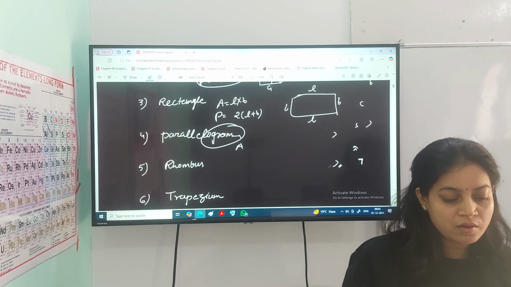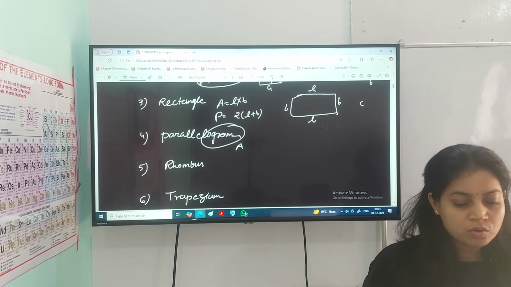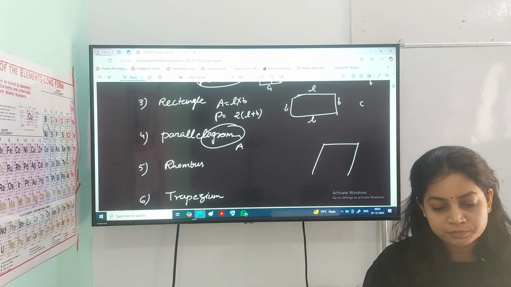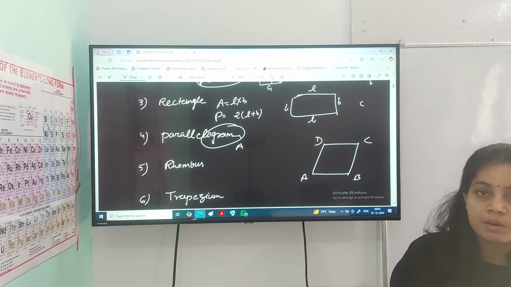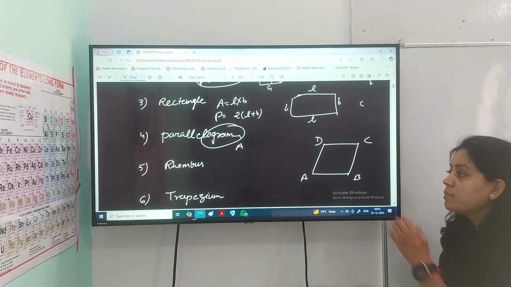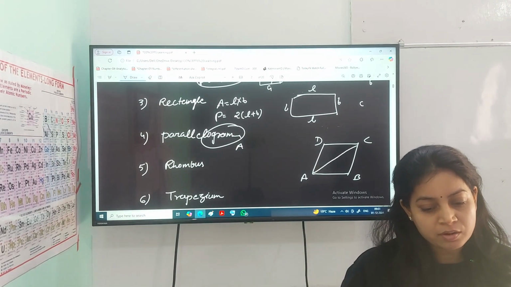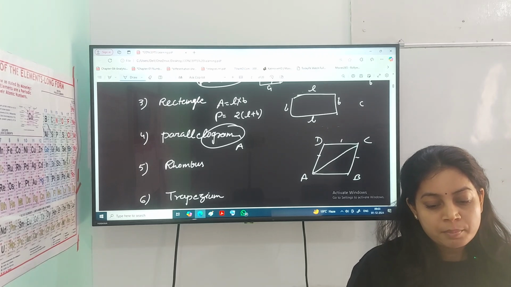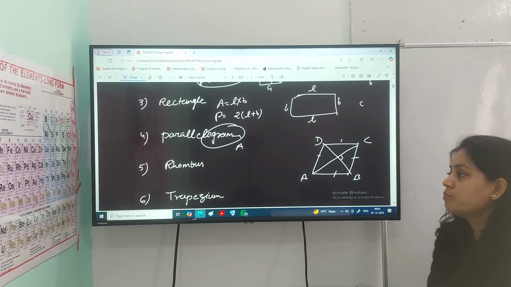And after that we have the rhombus. What is a rhombus? A rhombus is nothing but a parallelogram having all sides equal. If all sides of the parallelogram become equal, it becomes a rhombus. Even I can say a square is also a rhombus. Rhombus has some special properties: it is definitely a parallelogram, all sides are equal, but it has perpendicular diagonals.